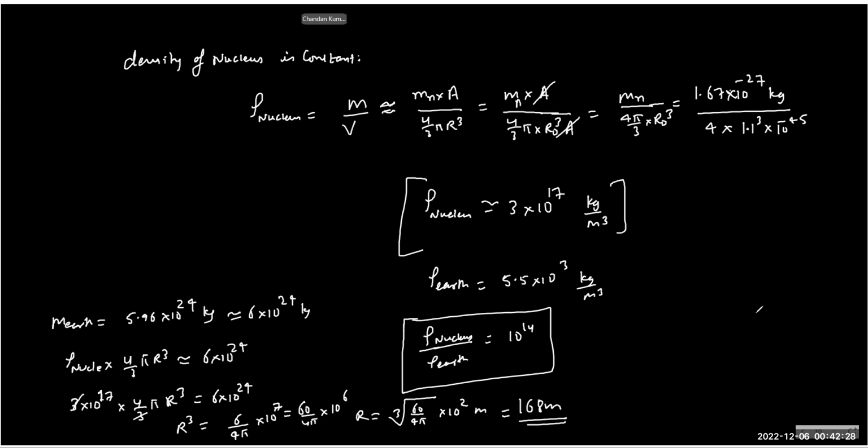So to balance the Earth mass with a body as dense as the nucleus, we need a sphere of what radius? Roughly 168 meters only. So if this is Earth, what is the radius? 6,400 kilometers, isn't it?